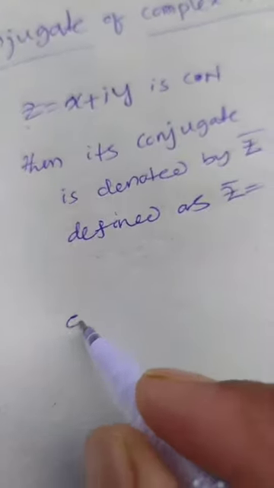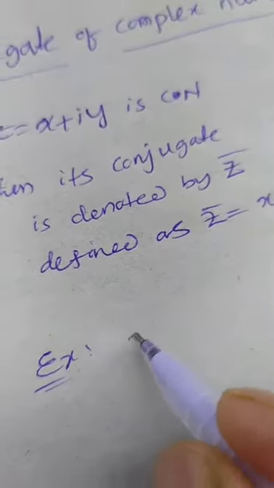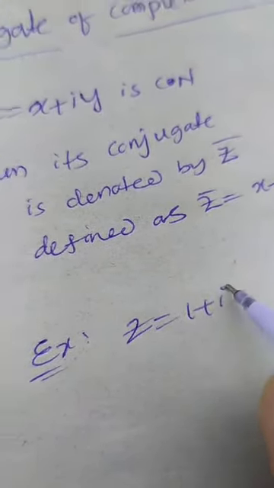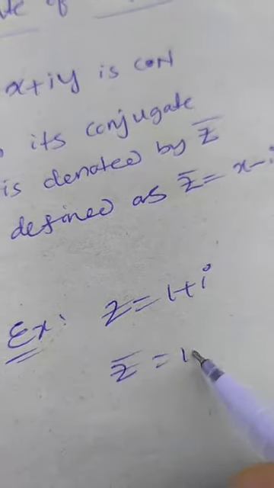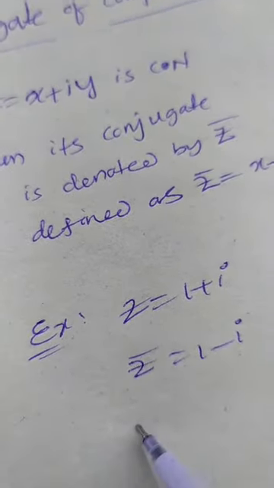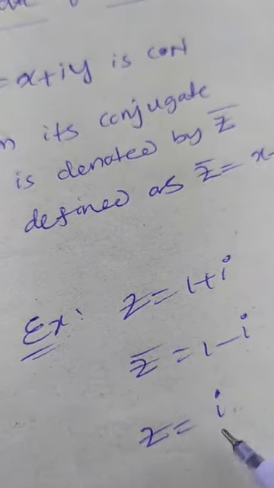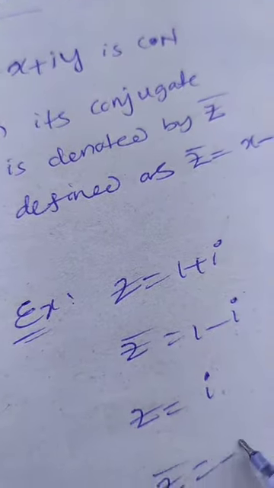For example, if I take z equal to 1 plus i, then z bar will be 1 minus i. Suppose I take z equal to only i, then z bar is minus i.